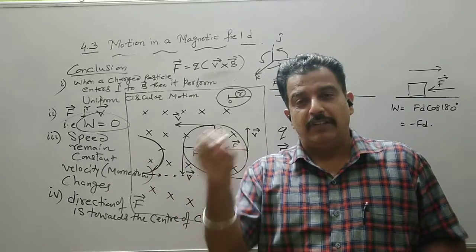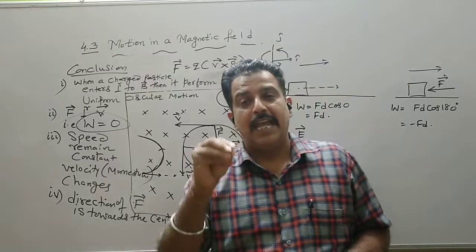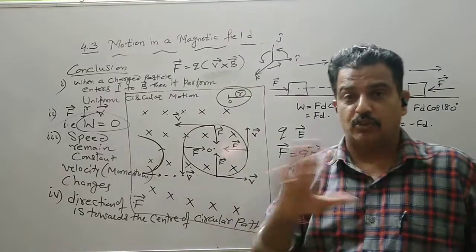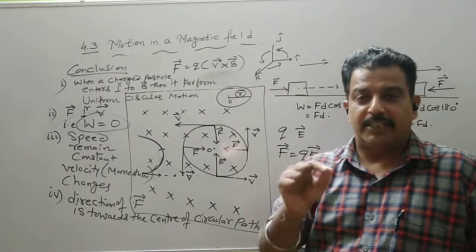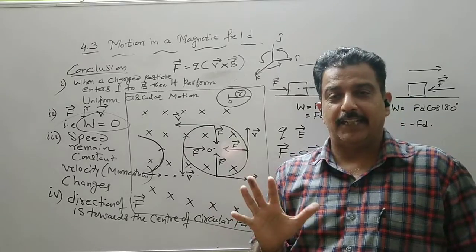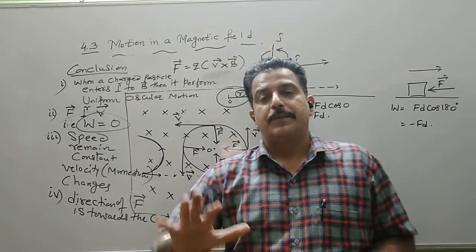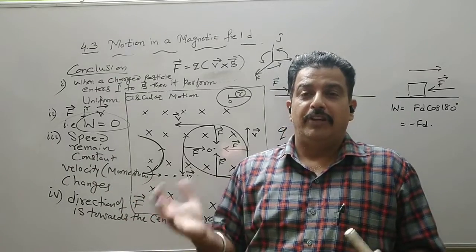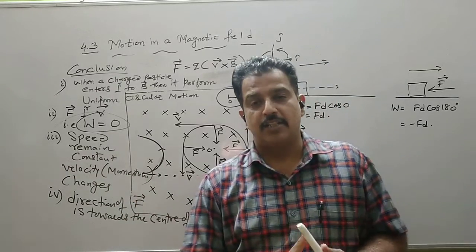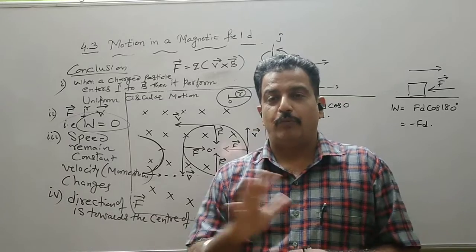Also we will see, if the angle between V and B vector is not 90, what will be the trajectory of the particle. If theta is 0 or 180 degrees, the path followed is a straight line, the original path. The magnetic field will not deflect the charged particle, so its direction of motion will not change.